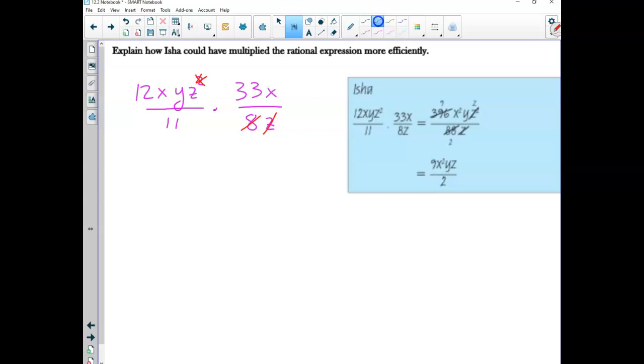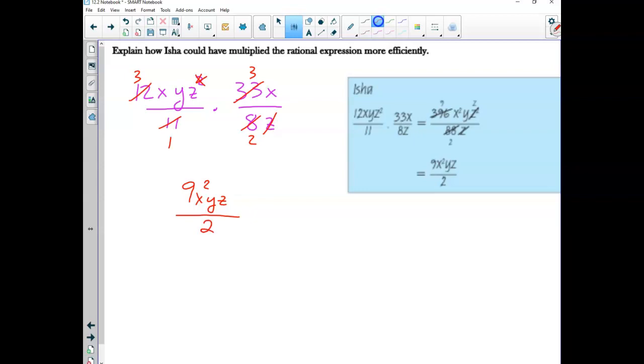Common factor in there is going to be 4, so that 8 is now a 2, that 12 is a 3. This 11 will reduce with the 33 to a 3. And what's left in the top? I got 3 times x times y times z times x times 3 times x. What does that give me? That gives me 9x squared y z over 2. And that's what she could have done easier.